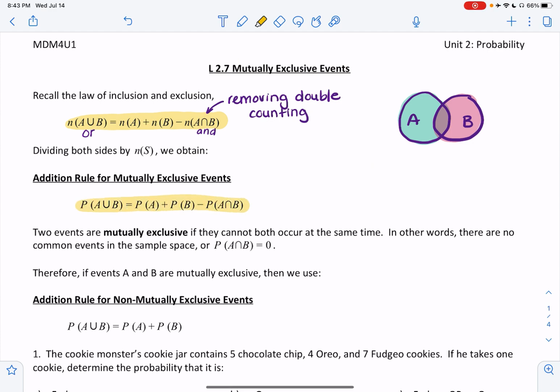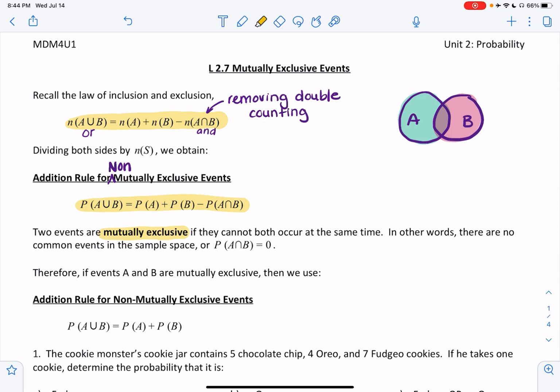I'm left with the addition rule for non-mutually exclusive events, right? Because they have this overlap, they are non-mutually exclusive events, which means they can be occurring at the same time.